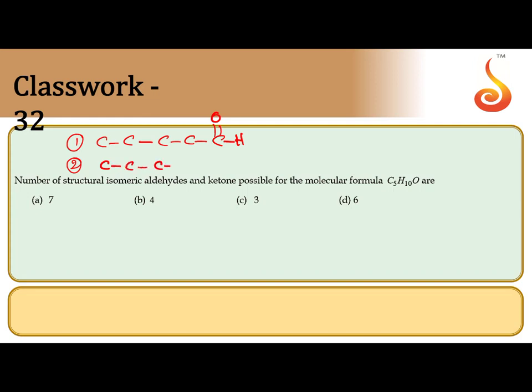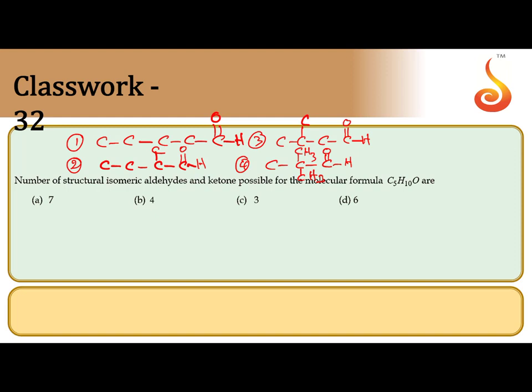You make one branch at the second position, 2-methyl pentanal. You keep the branch at the third carbon, 3-methyl pentanal, and you make it propanal, but you keep 2-methyl branches at the second position, 2,2-dimethyl propanal.